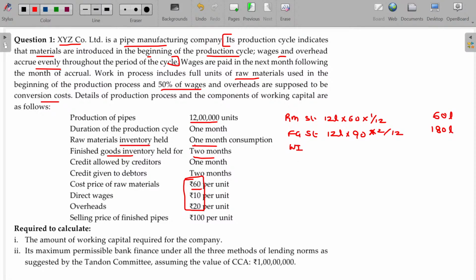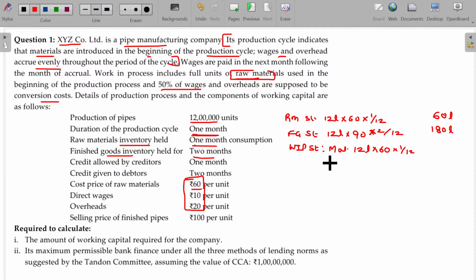Work in progress stock. In case of work in progress stock, for material, 12 lakhs into 60 rupees, we introduced 100% at the beginning itself, and it remains in the production cycle for 1 month, into 1 by 12.